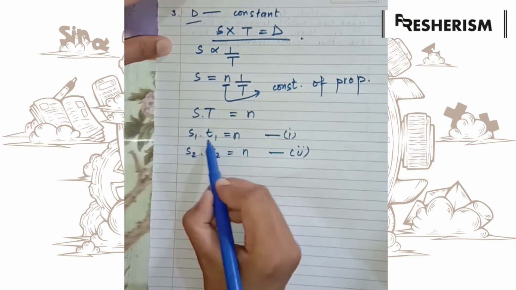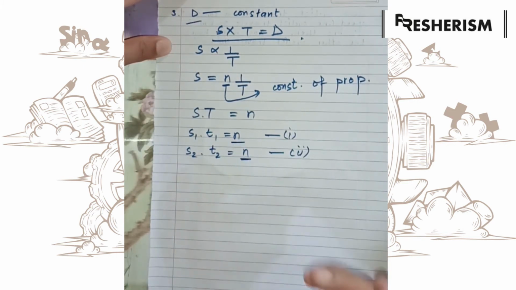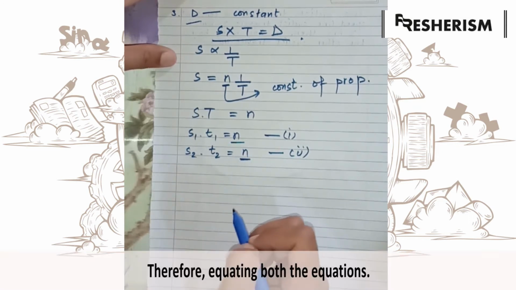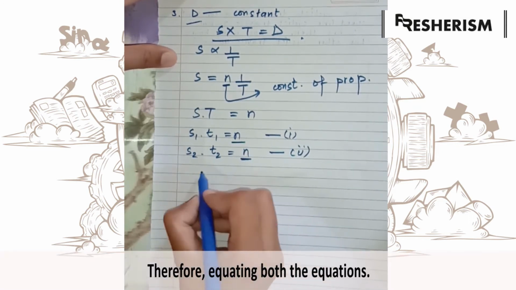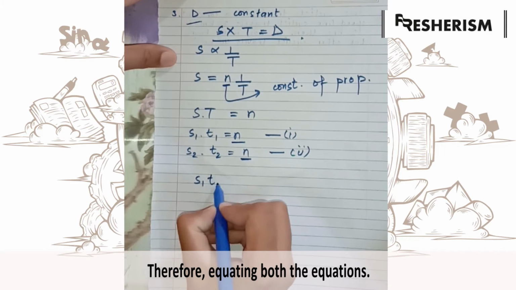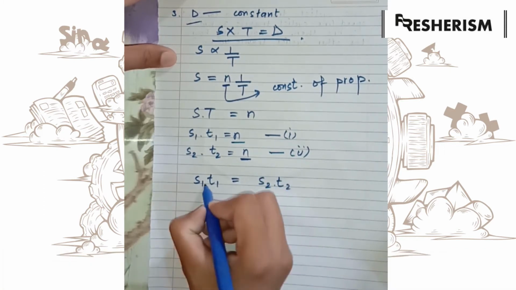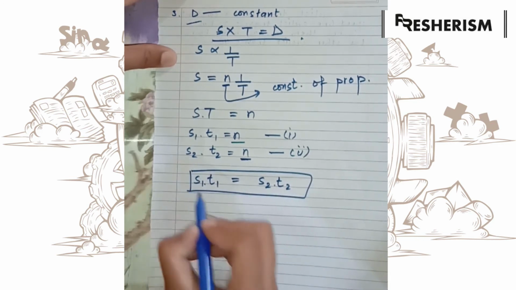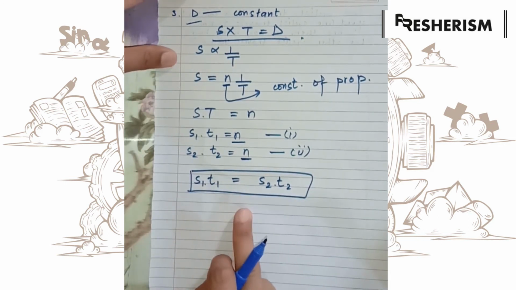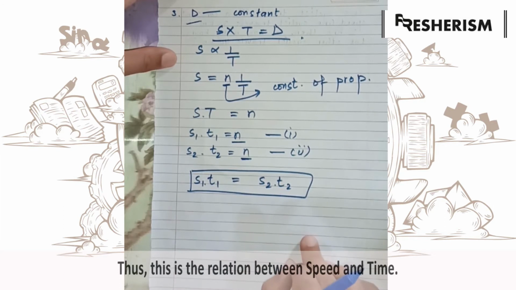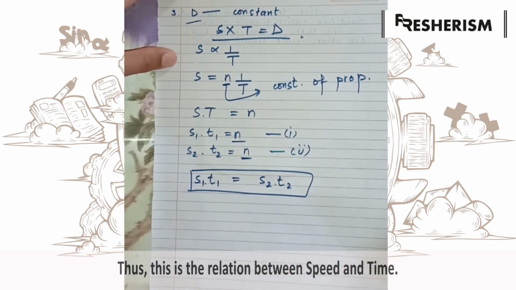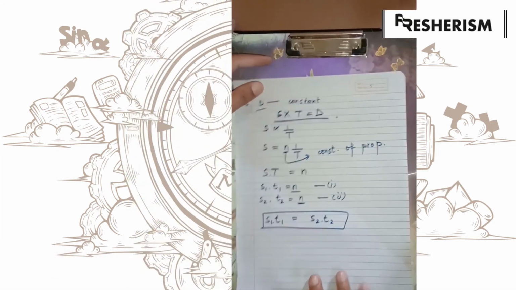Both equations are equal to n, so they are equal to one another. So we can write s1 t1 is equal to s2 t2. This is the relation between the speed and time of two objects when the distance is constant. Now let us do a question based on this.